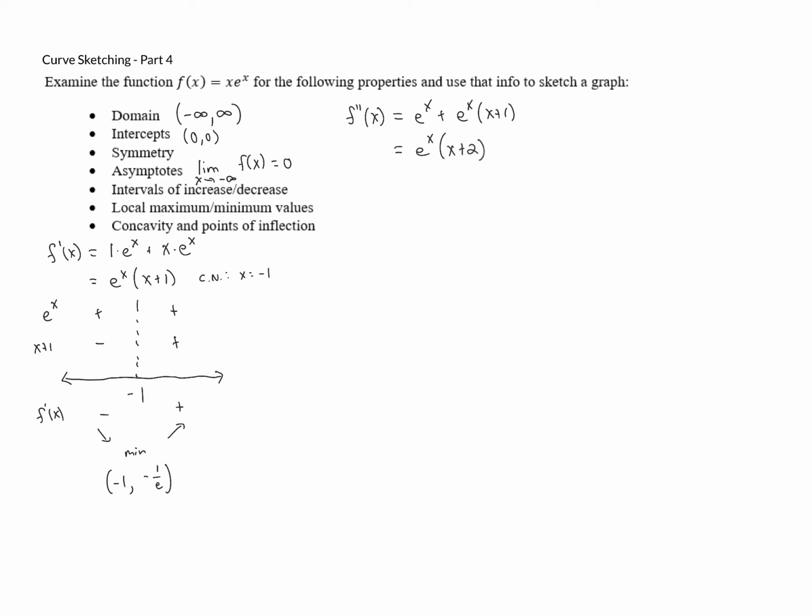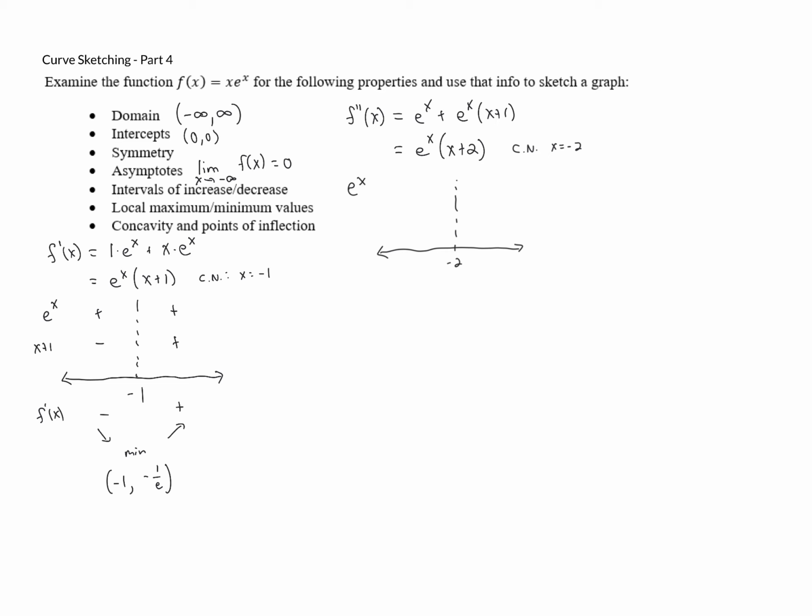Now, the only critical number here is going to come from when x plus 2 equals 0, and that's going to be x equals negative 2. So we've got one critical number here. And so we can set up our sign chart. We've got negative 2.